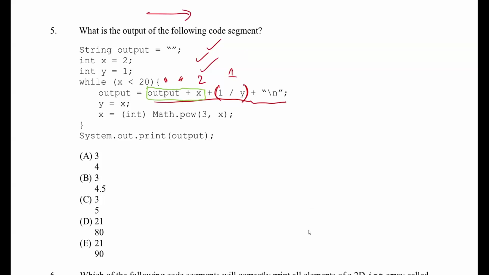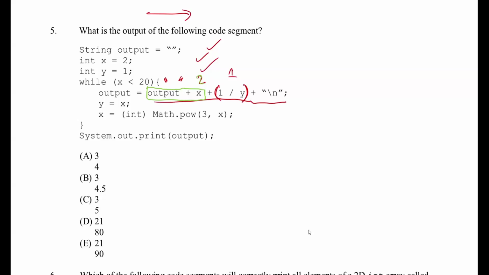Since the output is a string and x is an integer, when you add a string and an integer, the integer will become a string too and combine with the output. Since the output is an empty string, you add the 2 to that output string.